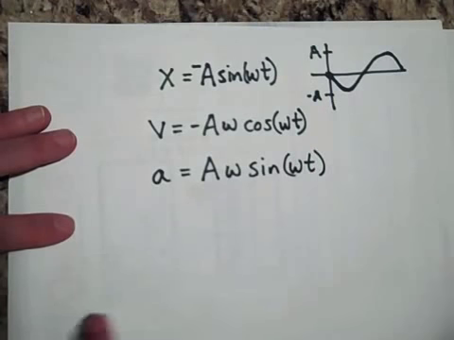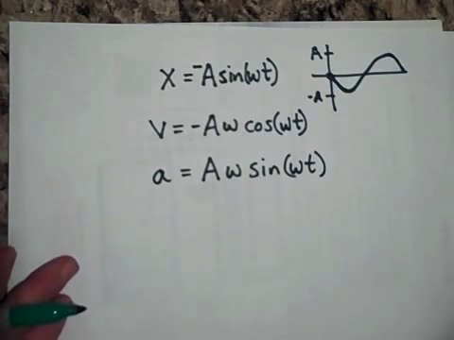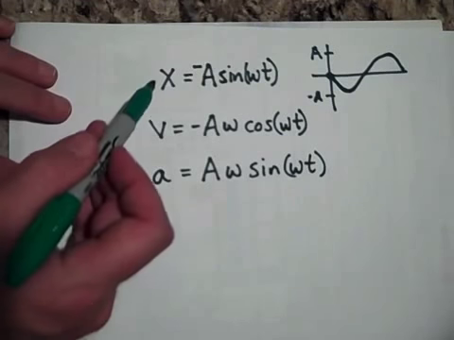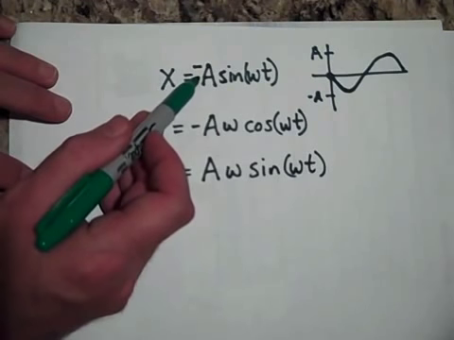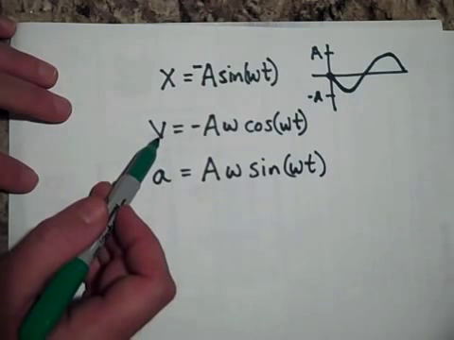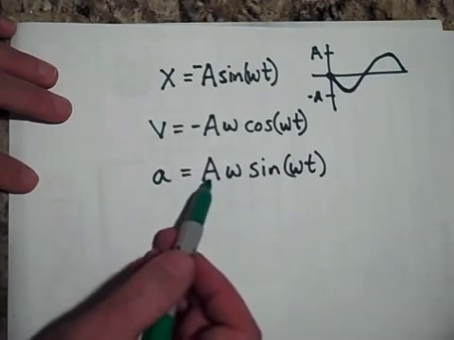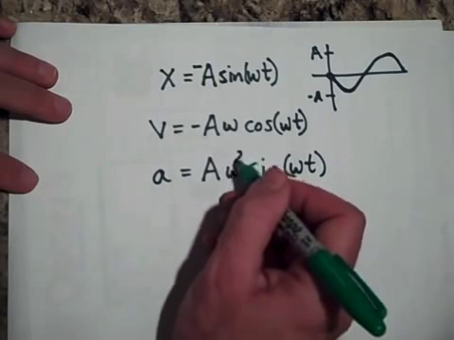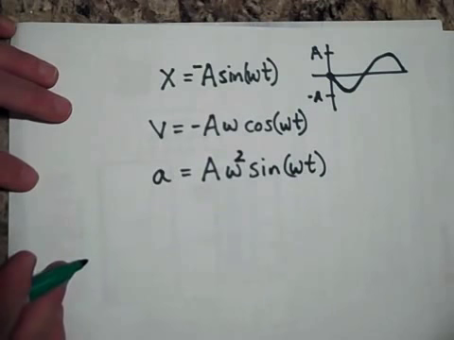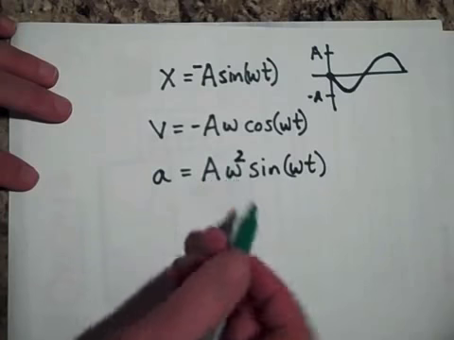You checking my math here? All right. In any case, look at the maximum x: it's still A. The maximum v is still A omega. And the maximum acceleration is still A omega, oops, squared. I almost missed that one. Yeah, it's still A omega squared.